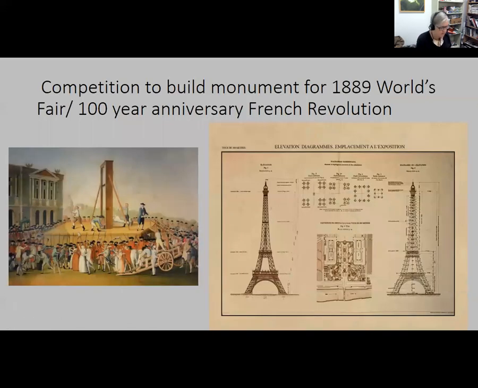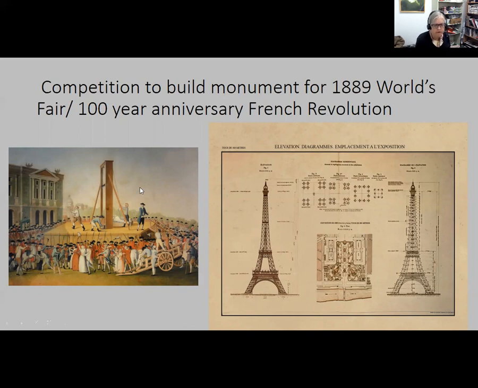The Eiffel Tower was awarded in a competition. The competition was to build a monument for the 1889 World's Fair in Paris, the 100-year anniversary of the French Revolution. Just like Maya Lin was part of a competition where people submit designs, Eiffel and other people submitted designs.